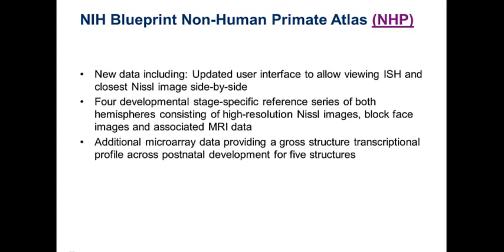So our anatomists have gone in and annotated our Nissl atlas, so our Nissl images, so that you can see where the gene expression is. We have stage-specific reference series that I'll show you how to have access to, and then we have additional microarray data. We're going to go to the non-human primate data set.